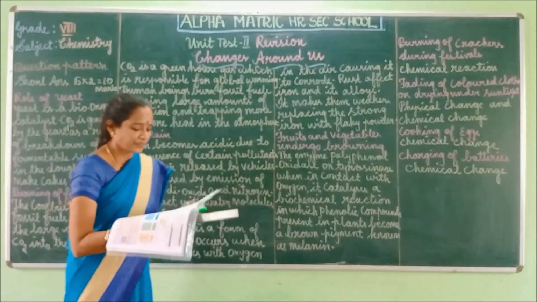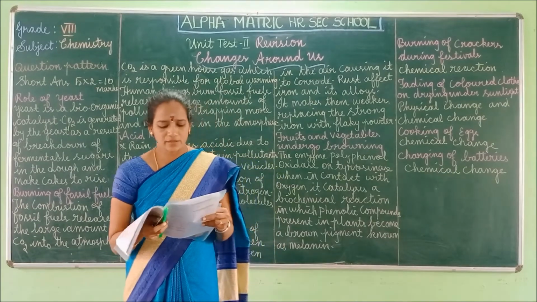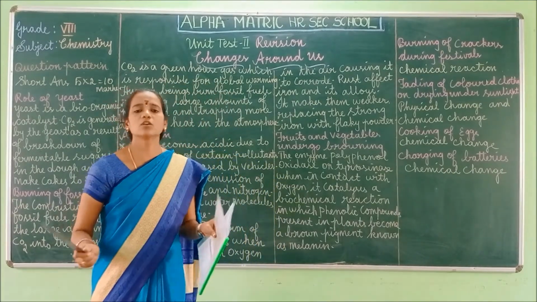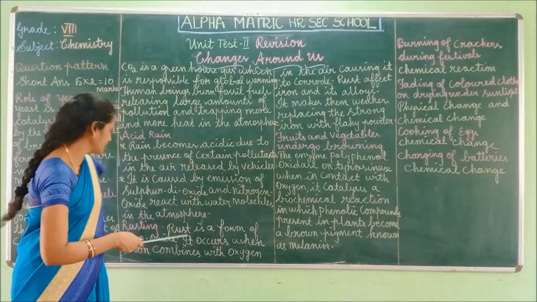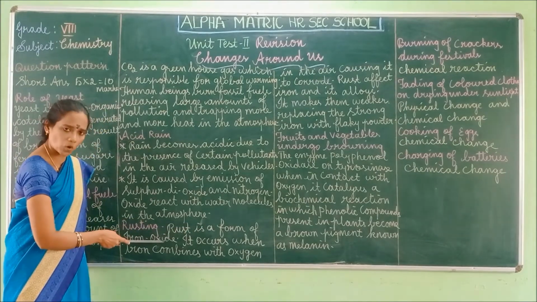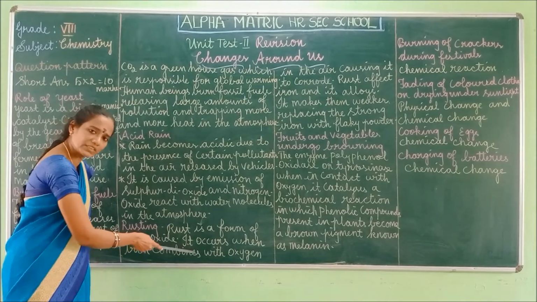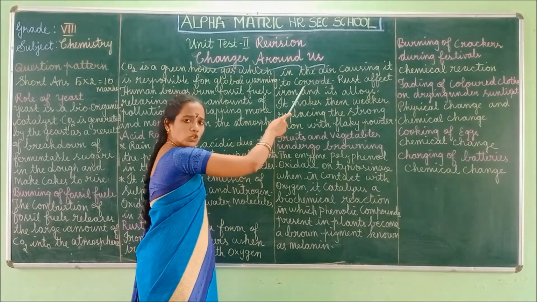Next one, is rusting good for iron materials? Explain. No, rusting is not good, because rust is nothing but iron oxide, isn't it? So rust is nothing but a form of iron oxide. It occurs when iron combines with oxygen which is present in the air, causing it to corrode.